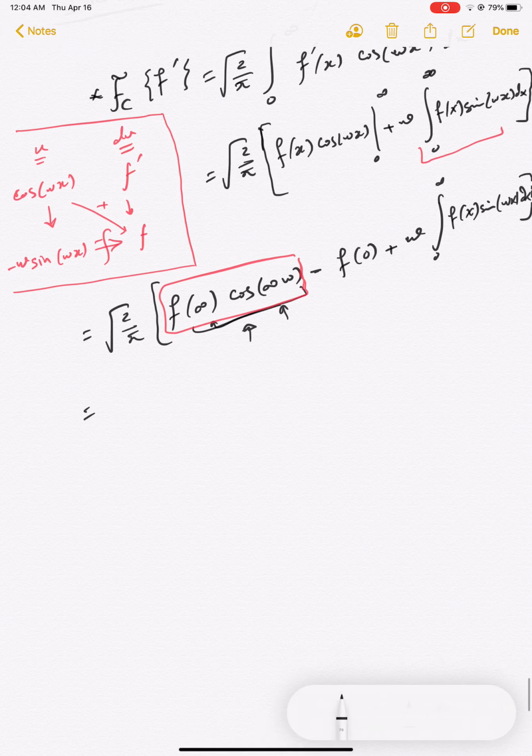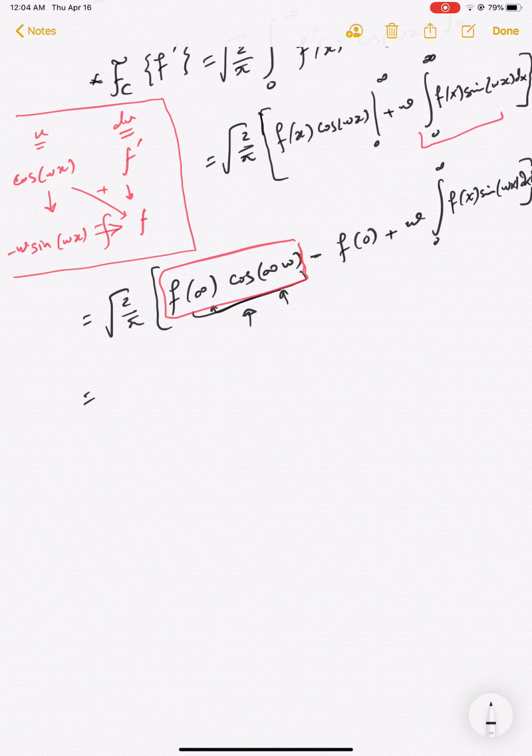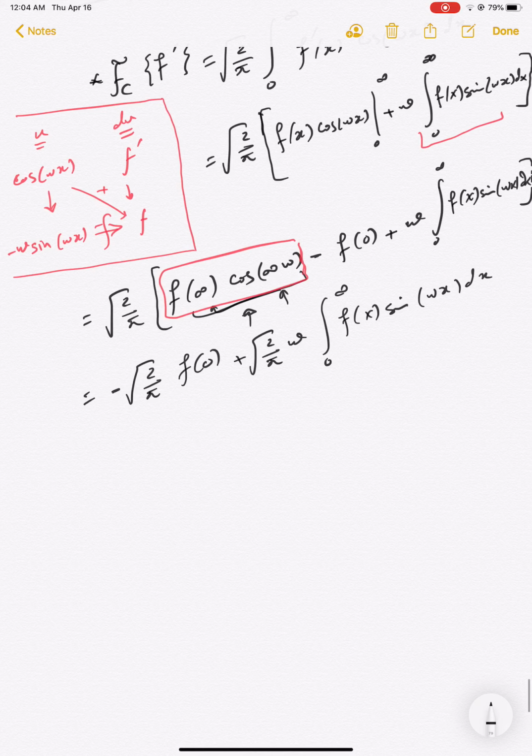So what is left is negative root 2 over pi f of 0 plus root 2 over pi omega integral. If you look at the second term first, you have omega and the root with the integral, that is the Fourier sine transform of the function, then minus root 2 over pi f of 0.